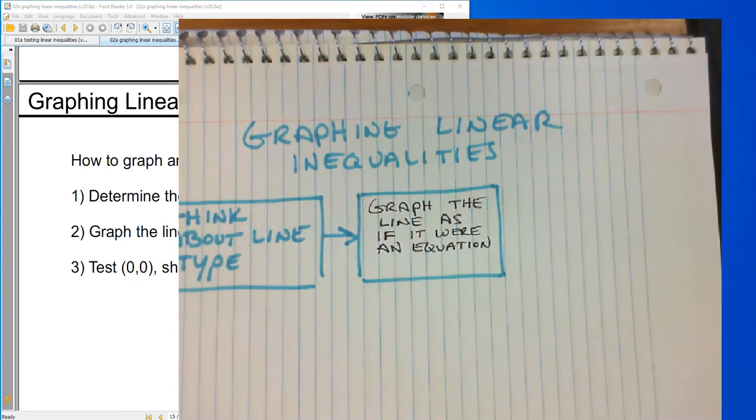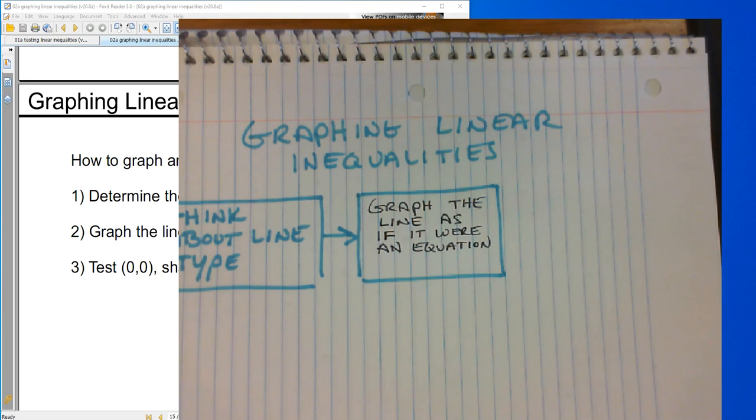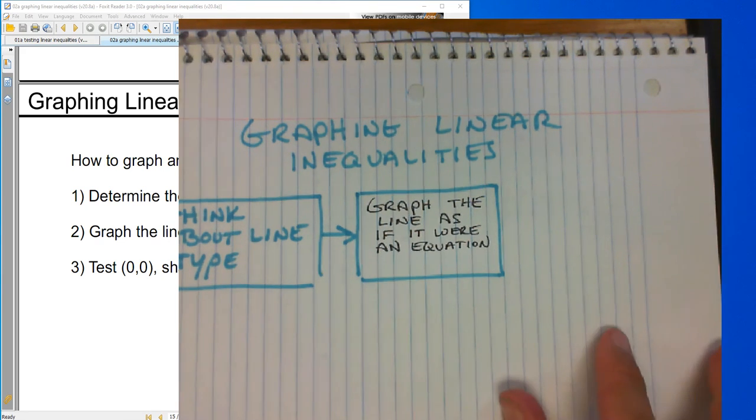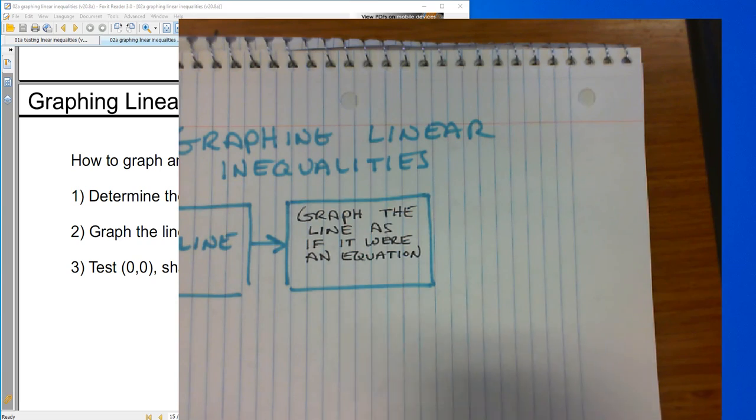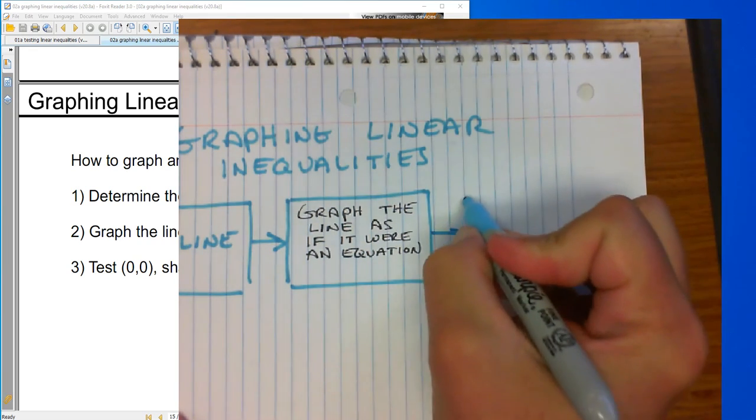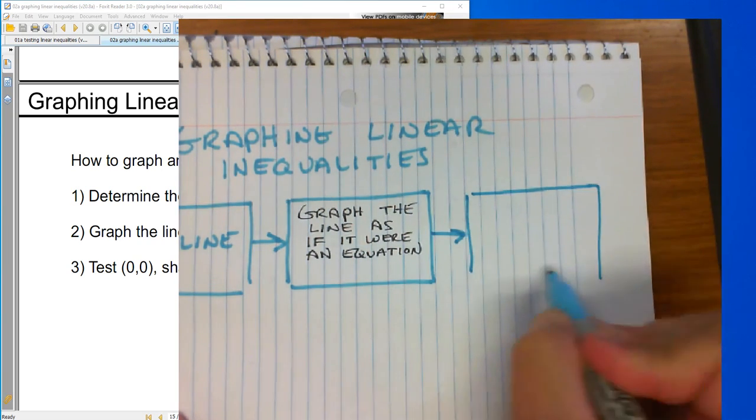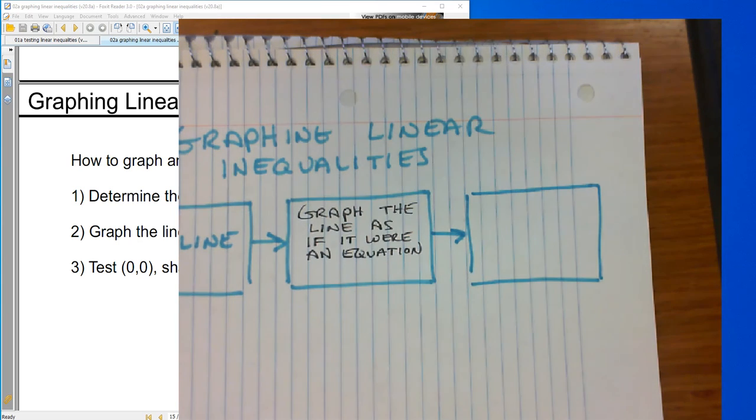So don't even think about the greater than or less than or greater than or equal to. Just pretend like it's an equation. Then, after it's graphed, we're going to test 0, 0 and shade the true area.